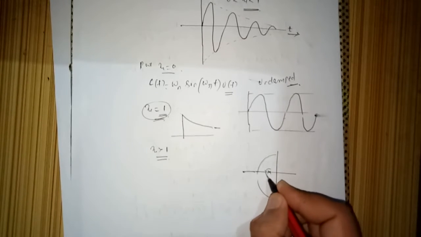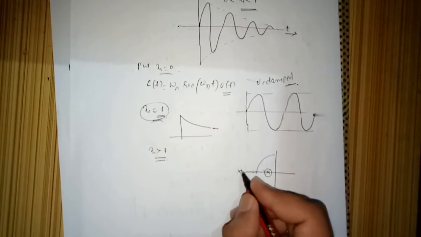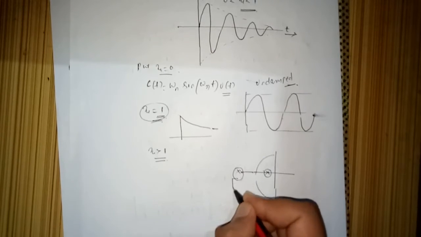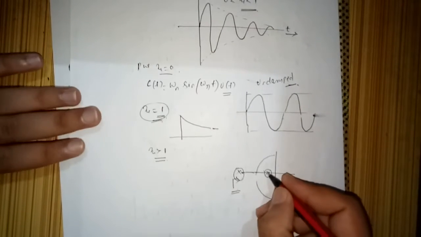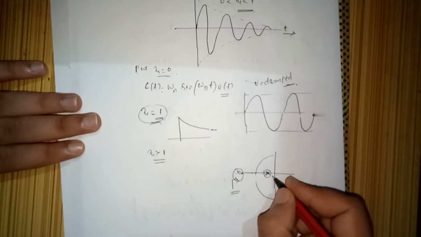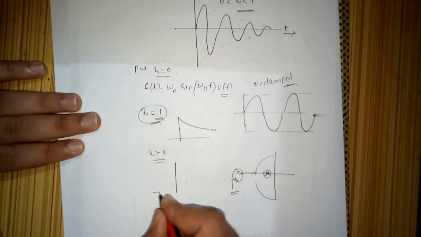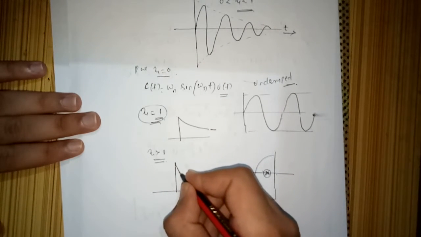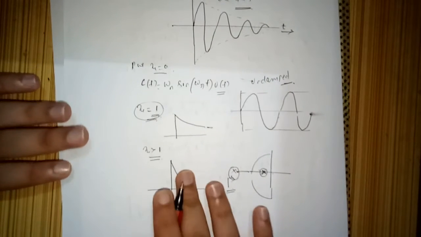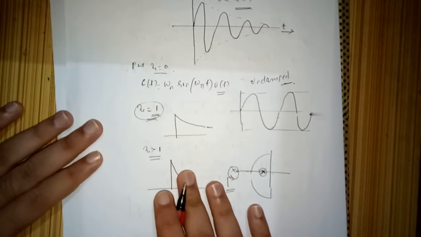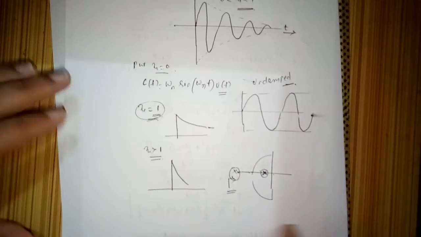Let's say this becomes dominant and this goes out of the picture in the system, right? So this will be dominant, so it will have a high time constant. High time constant means it will be decaying very slowly. So this is for zeta greater than 1 for our impulse response, right?